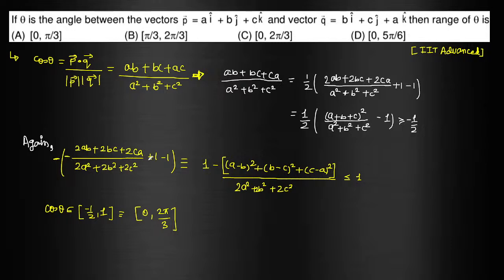We added 1, subtracted 1, we got 1 minus (a minus b) whole square, (b minus c) whole square, (c minus a) square. When a equals b equals c, it is 0, so it is less than or equal to 1. So we get simply minus 1 by 2 to 1, which means theta ranges from 0 to 2 pi by 3.